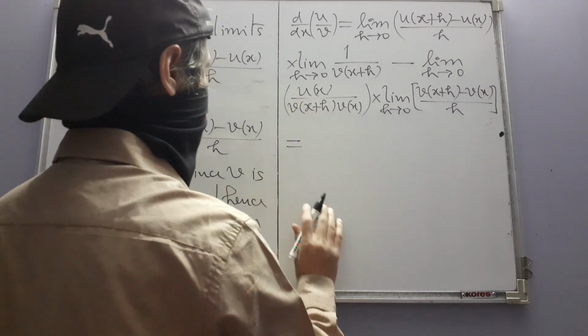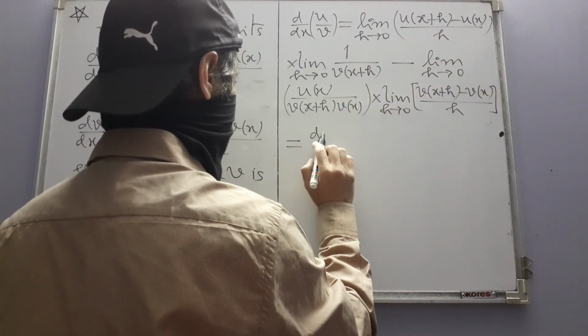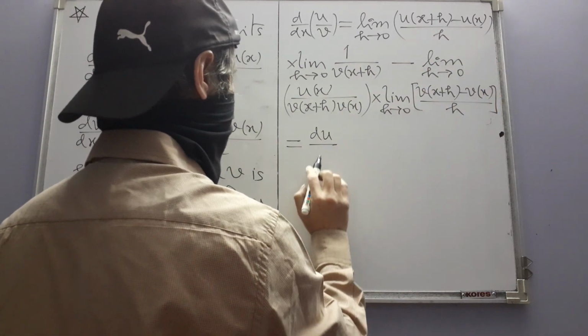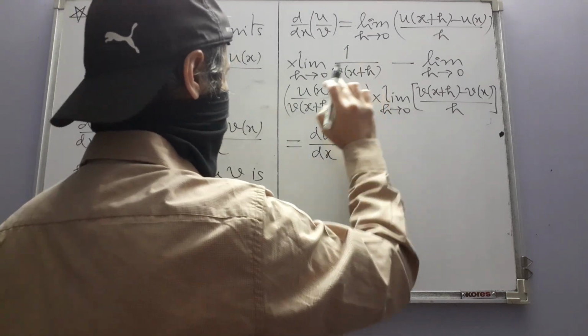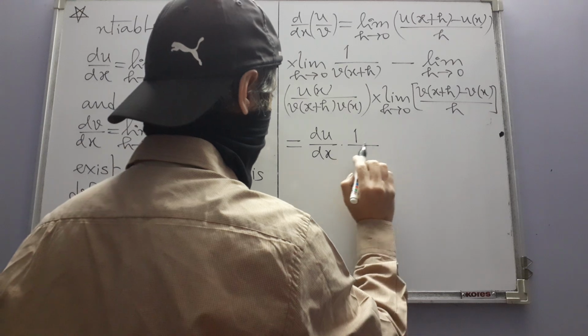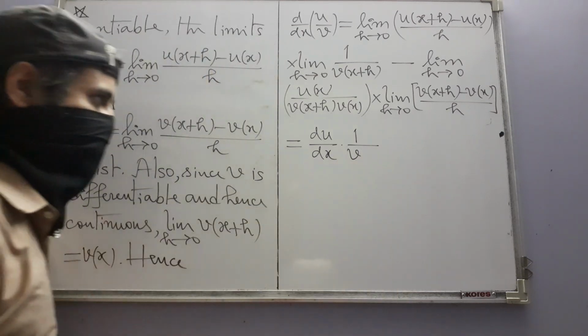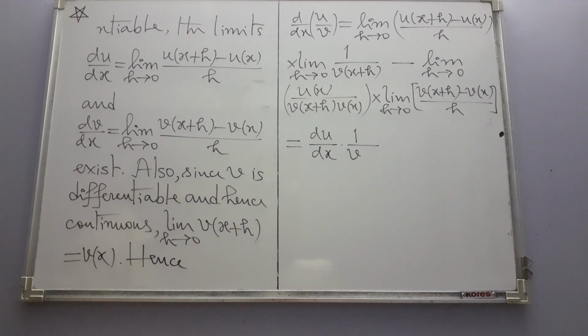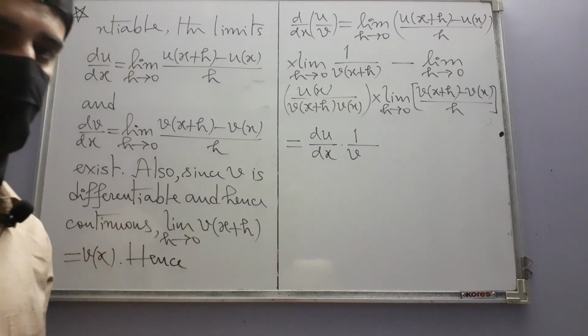So this will be what? This is going to be du dx times 1 over v(x). Well, I can simply write v because we want the final answer in that form.